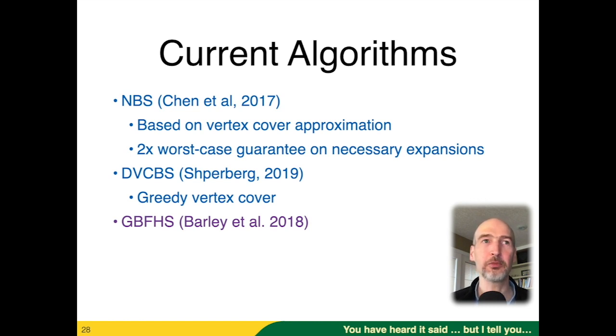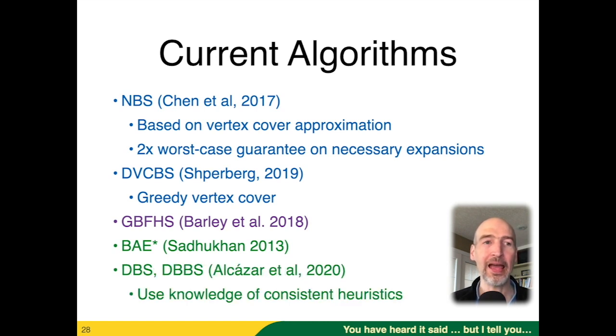So the necessary expansions for NBS is relative to whatever information is actually being used there. And then we have some older work which was not well known or well compared in the community, BAE star from 2013, and then some new variants, DBS and DBBS from 2020. These are directly using knowledge of consistent heuristics.